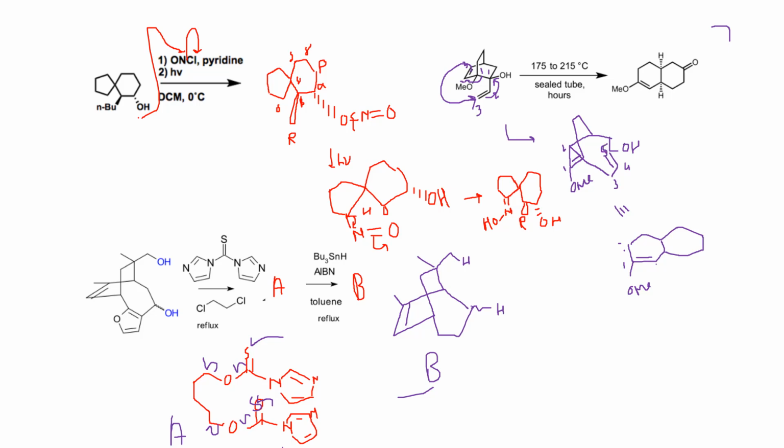So if we already have 1, 2, 3, 4, 5, this will be OH. And there will be a double bond, and through tautomerization we will get this as our product. Okay.